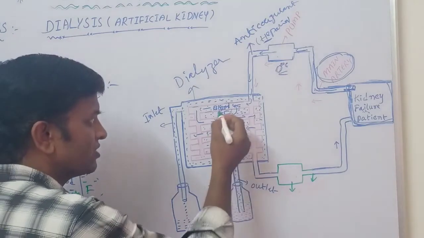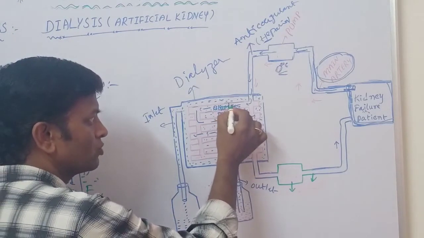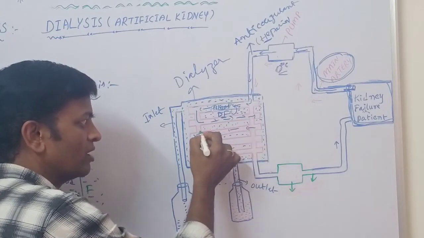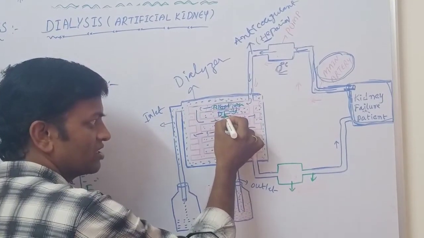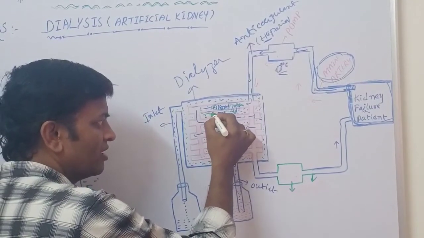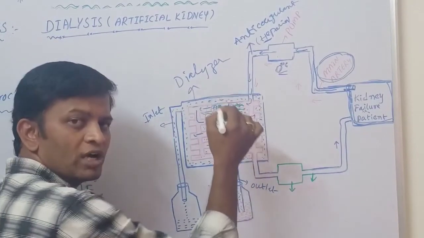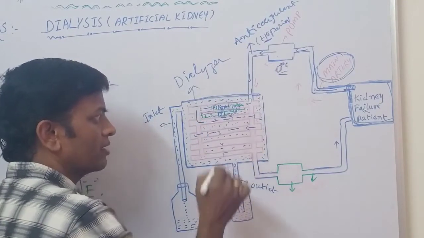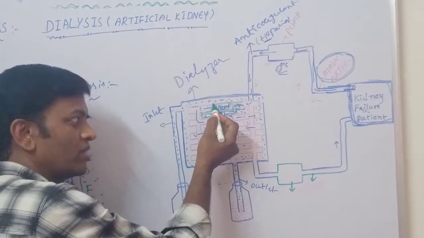Now see here, in this picture, through these channels the blood is flowing. So here blood is there. Next, here dialyzing fluid is there. In between the blood and the dialyzing fluid, one membrane is there. What do you call that membrane? That membrane we call a semi-permeable membrane. Inside the channel, blood is there.